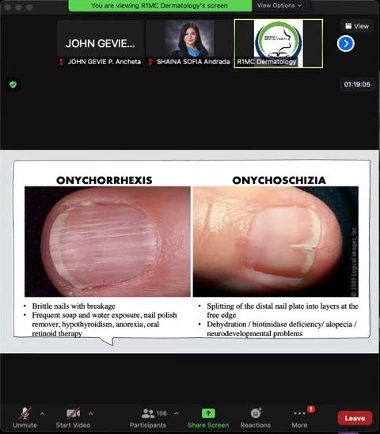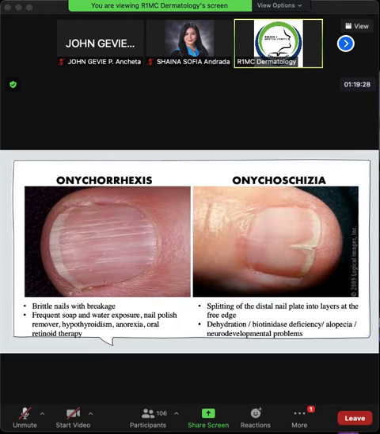Next is your onychorrhexis, which may result from frequent soap and water exposure, nail polish remover, hypothyroidism, anorexia or bulimia, or oral retinoid use.